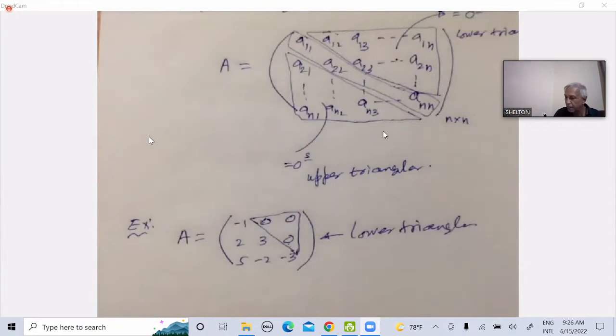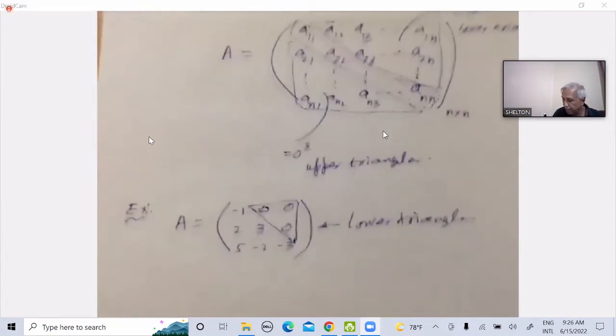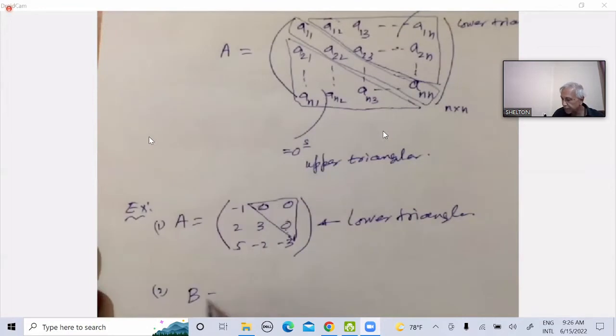Then next example, say B is equal to 7, 5, 0, 0, 3, -1, 0, 0, 7.